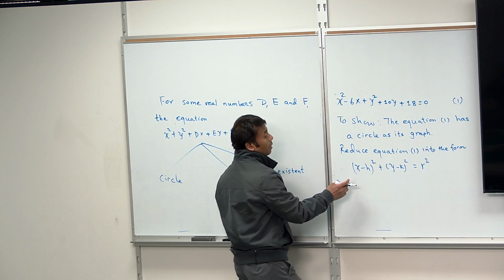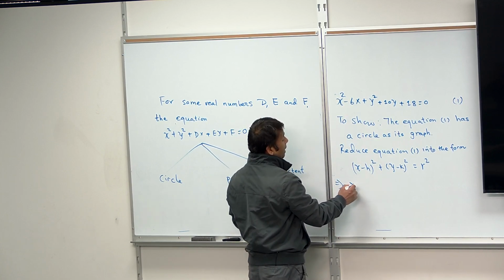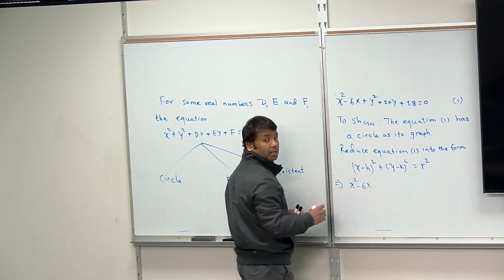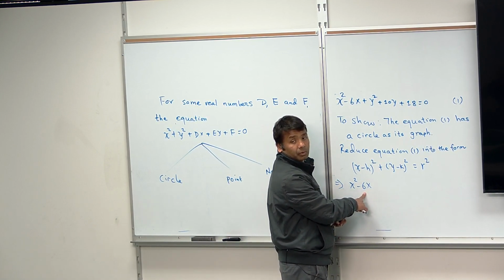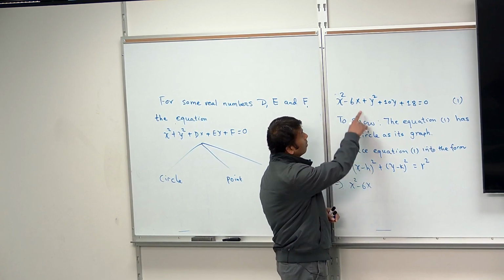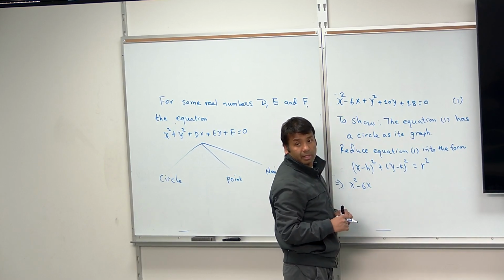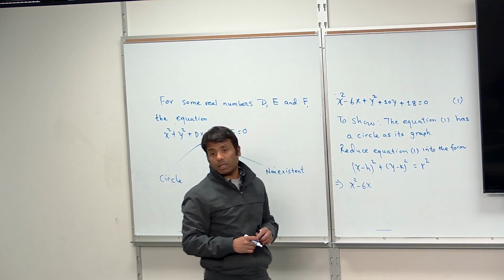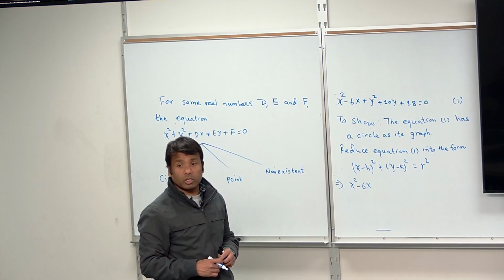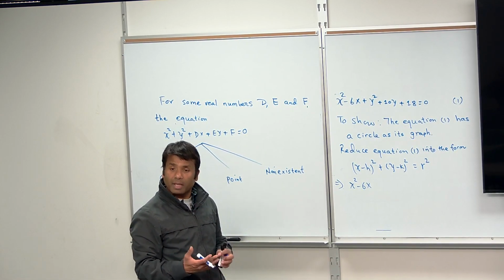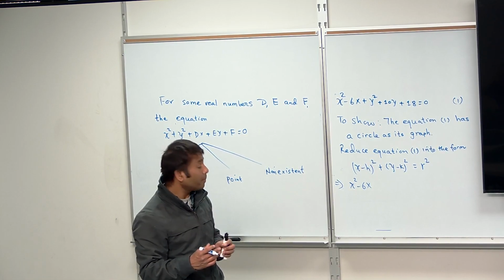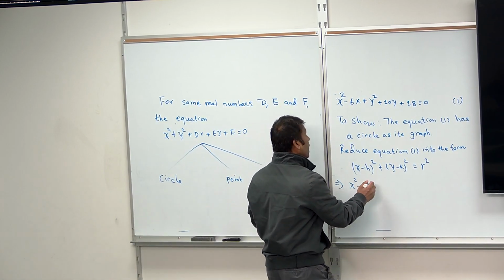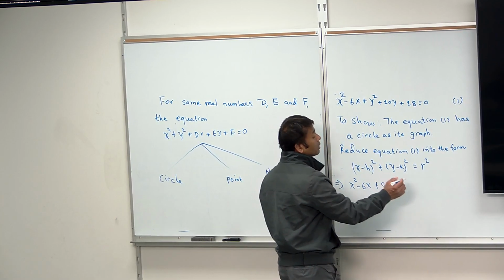So you have x squared minus 6x. You use completing the square. What is the coefficient of x here? Negative 6, right? Half of negative 6 is negative 3. Square that: negative 3 squared is positive 9. So you add 9 on both sides.